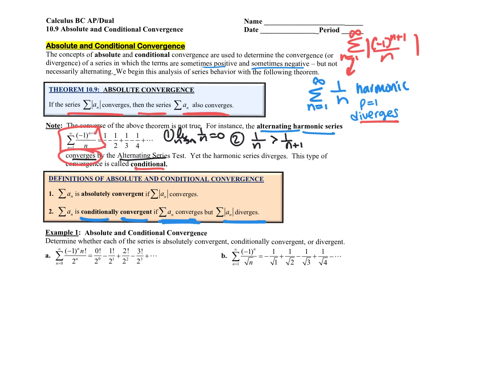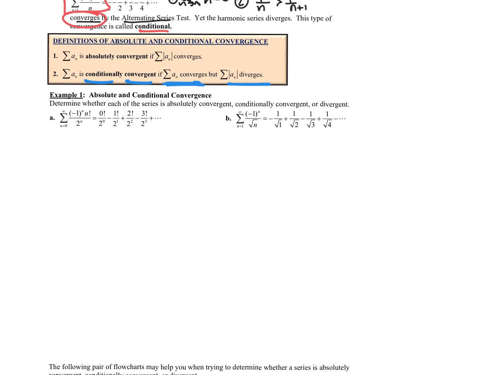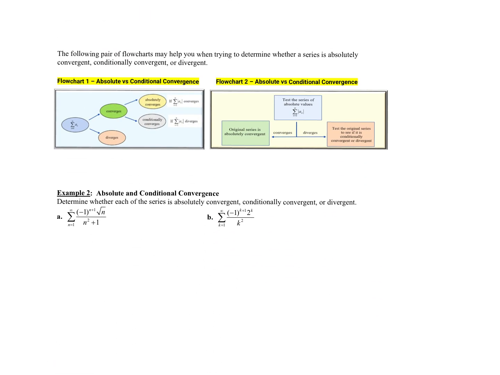So I'm actually going to take you down here to a little flowchart on the next page if you want to flip it over. And these are two strategies that you can take when trying to determine absolute convergence. So flowchart 1, the strategy is to first test the regular version, and you decide if it converges or diverges.